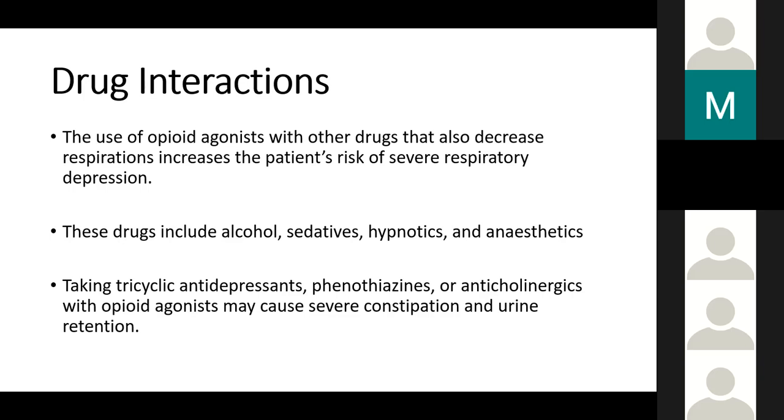Then if you are giving medications like tricyclic antidepressants, phenothiazines, or anticholinergics, it can cause severe constipation because these medications cause constipation. Morphine also causes constipation. So when you're giving the two together, you would have a very serious issue of constipation on your hands.